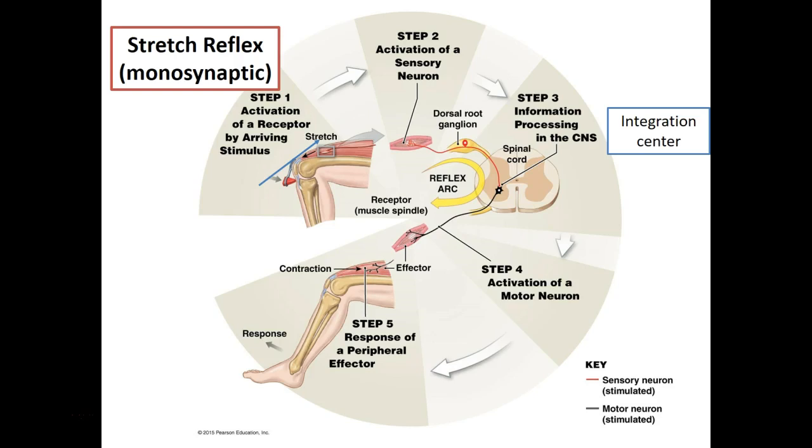Does that make sense to folks? Right? So the whole point here is to minimize overstretching, and notice here that we're talking about a single synapse, right? A single synapse. So this is called monosynaptic. So if the response was to have multiple outputs, then that would be polysynaptic. All right?